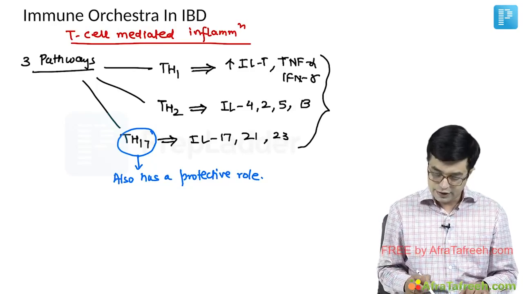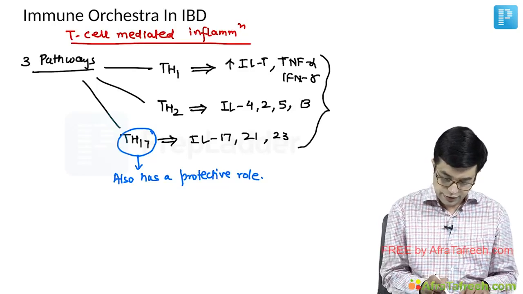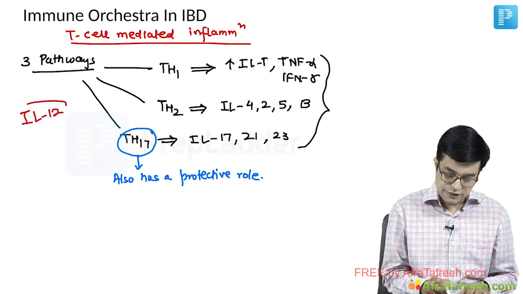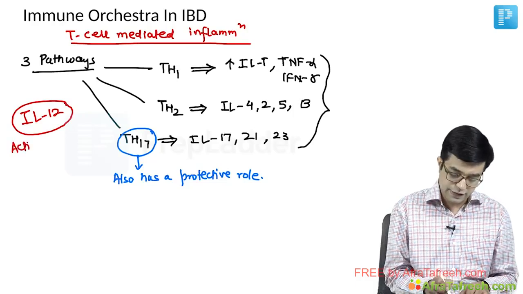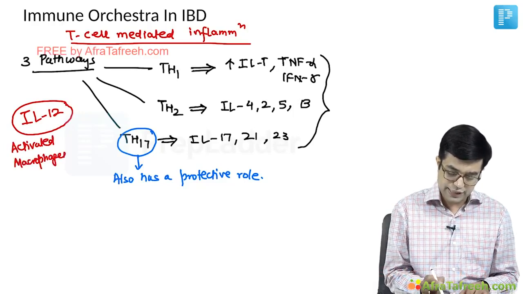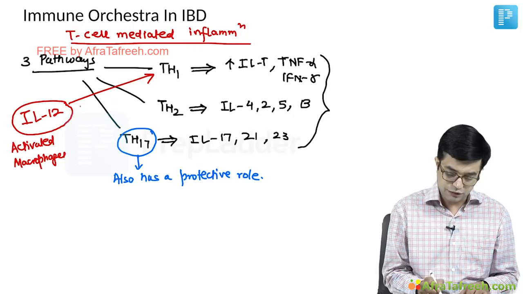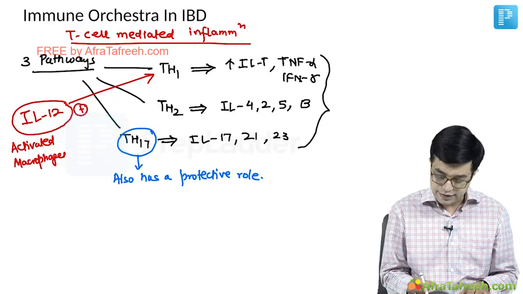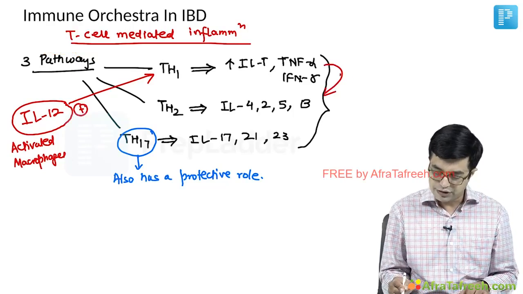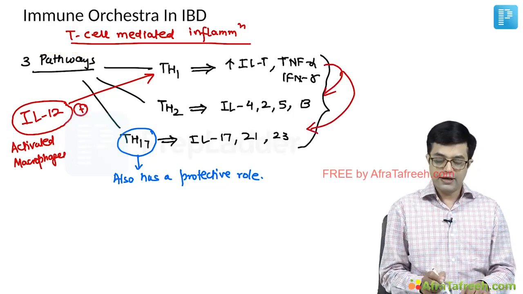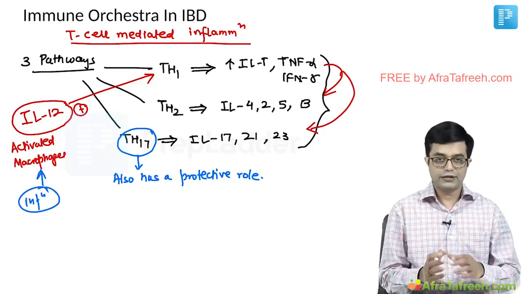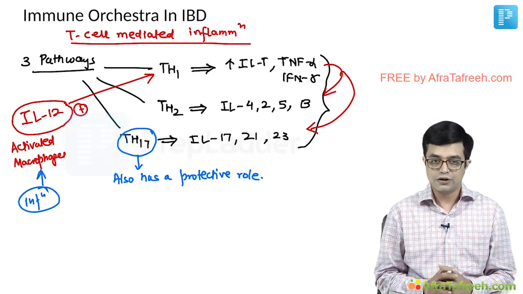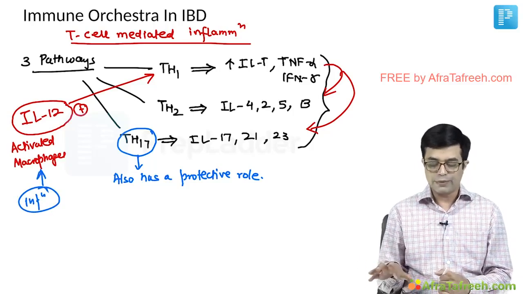It is found that interleukin 12, which is induced by various pathogens, and interleukin 1, which is produced by the activated macrophages, are responsible for activating the Th1 pathway, and this in turn can influence the development of both Th2 and Th17 pathways. This is produced in response to infection by the various gut associated infections. So this is the overall immune orchestra which operates.